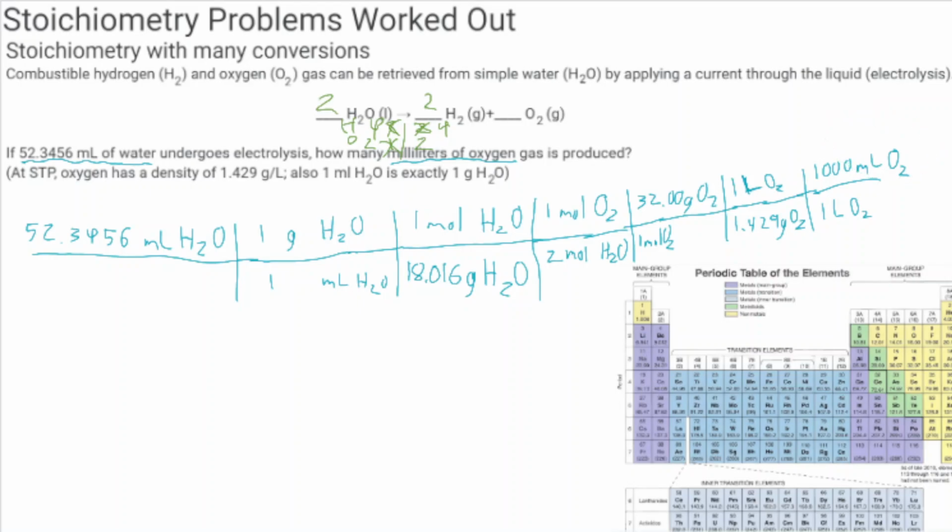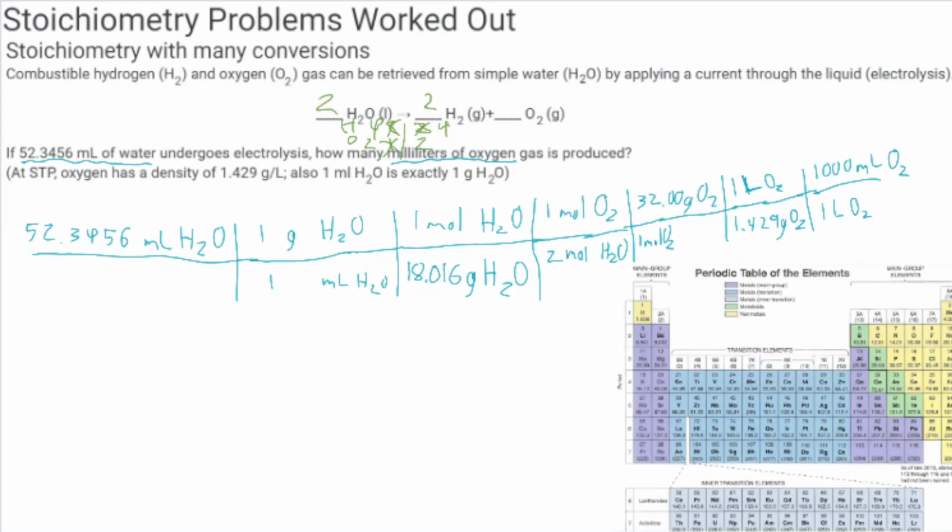Now we need to multiply everything on top, so 52.3456 multiplied by 32, multiplied by 1,000, and then divide that by all the numbers on the bottom, so divide by 18.016, divide by 2, and then divide by 1.429.